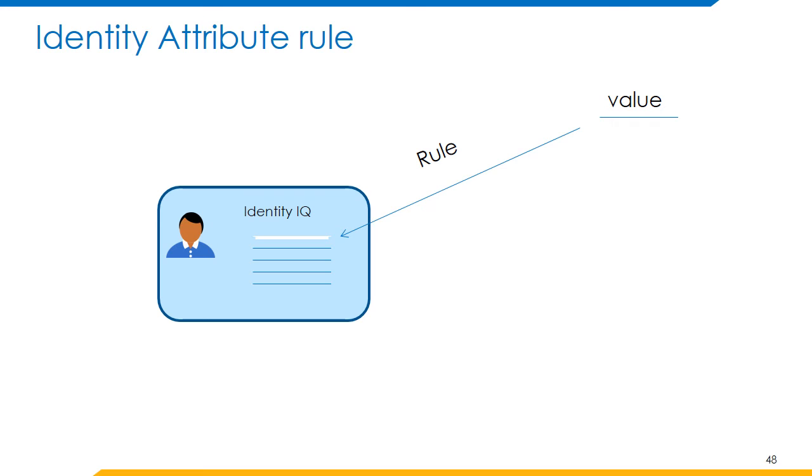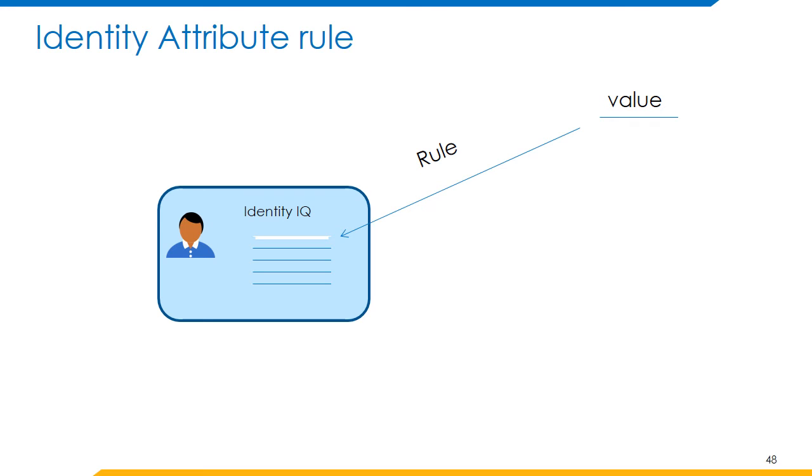Identity attribute rule. Identity attribute rule is helpful in involving complicated logic while retrieving attributes data from application accounts so that the identity cube attributes are filled.